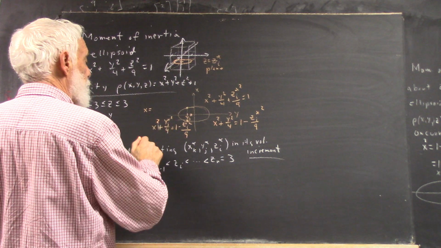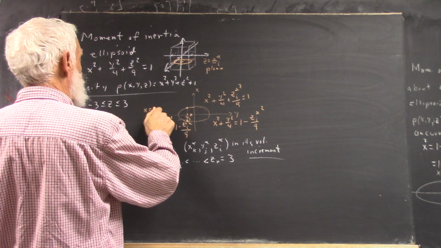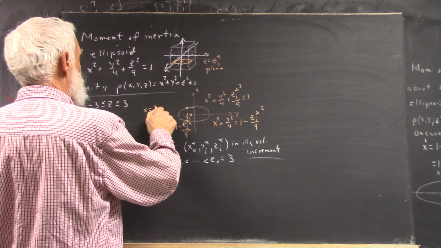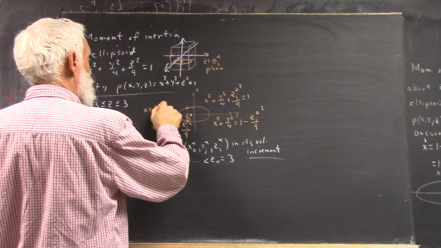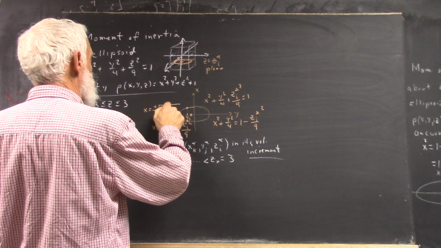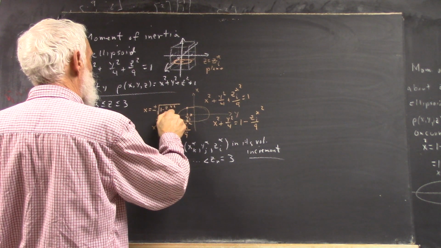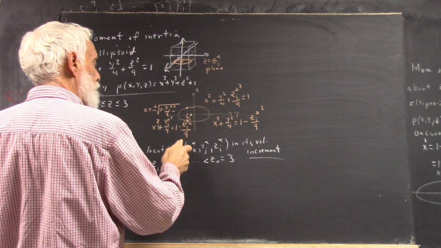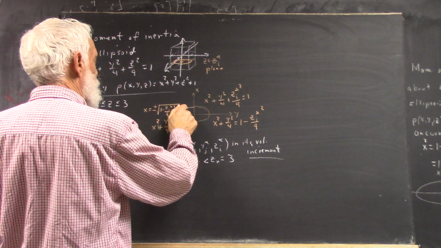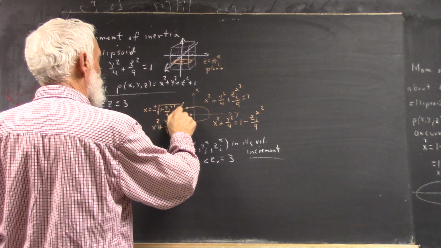And it follows then that x equals plus or minus the square root of 1 minus zi star squared over 9, minus yj star squared over 4.